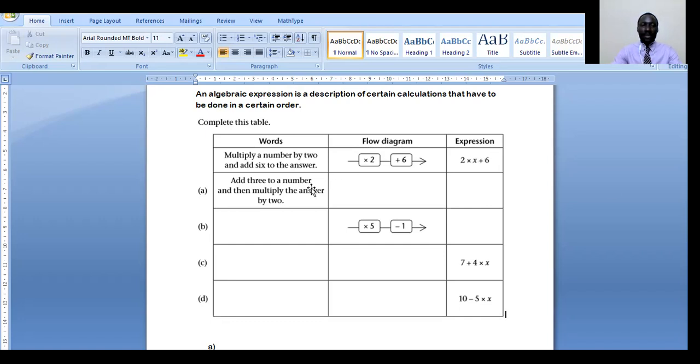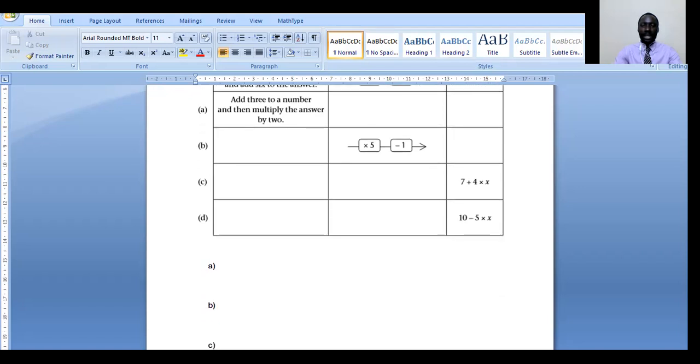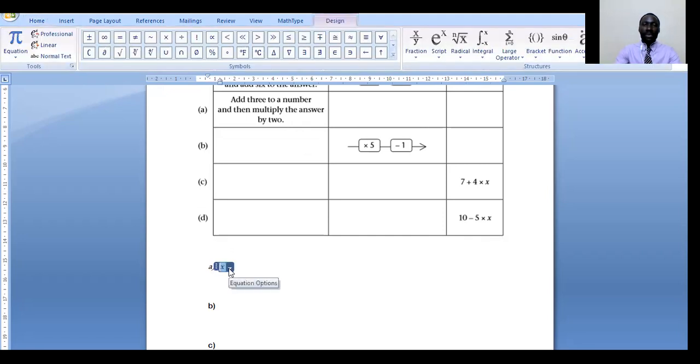Then the second one is, which we are now calling, add 3 to a number, okay? This one now we have to provide a solution for it. The thing is, add 3 to a number. So think of a number like x, okay? Now onto x, we have to add 3 to it. It's like trying to say, well, to this x, we want to add 3. Then we multiply the answer by 2.